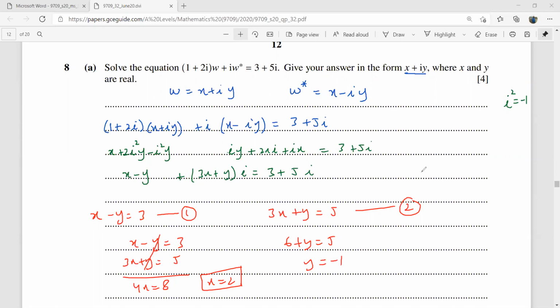Therefore, it says give your answer in this form, so we have w as 2 minus iota, and you have this w star, that is 2 plus iota.